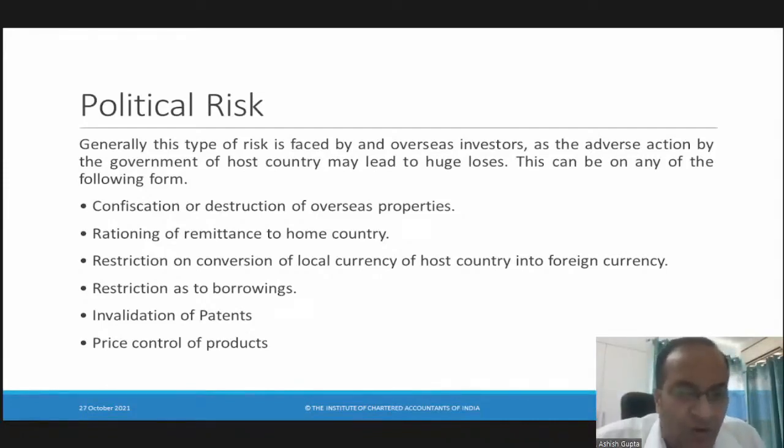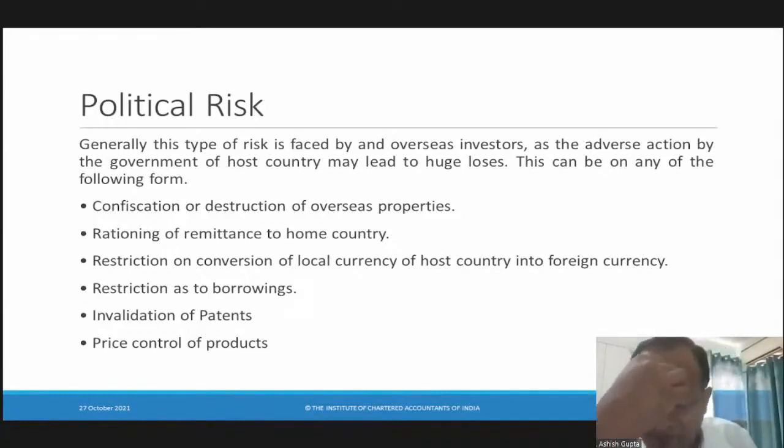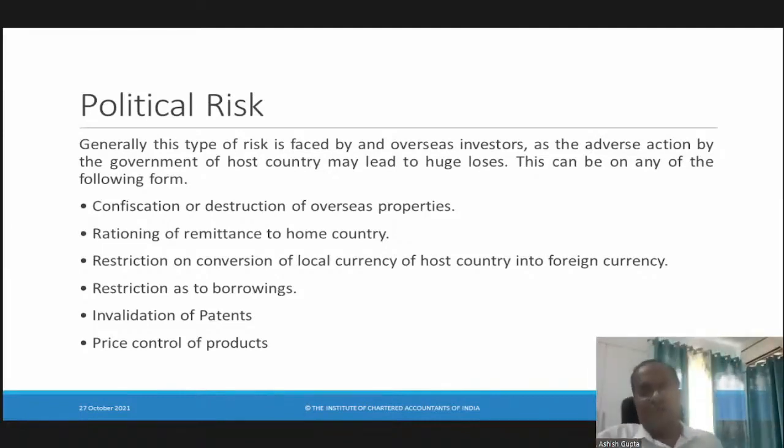Rationing of the remittance to the home country. It is very important. Suppose a country's company wants to invest in another country. Earlier in India there was also a restriction if any foreign company came here and wanted to take back the profit.